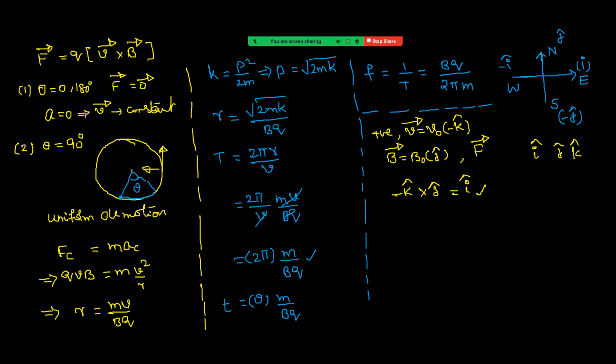Okay. Next, coming to here, when angle is 90, path is circular. So here we have to focus on what is the plane of the circle. Okay, which is very important while solving problems. Let us see now how to decide that. For example, we are taking a positive charge.